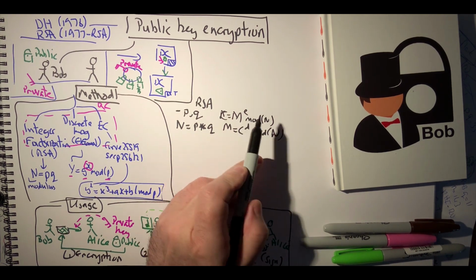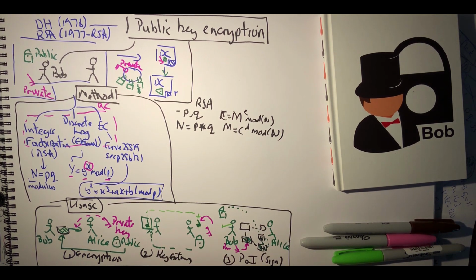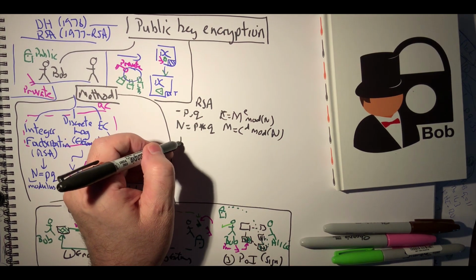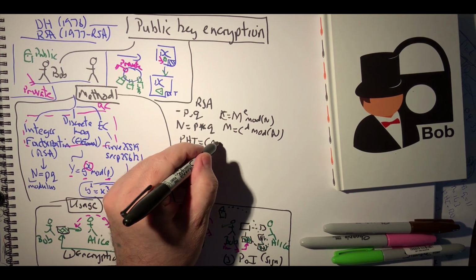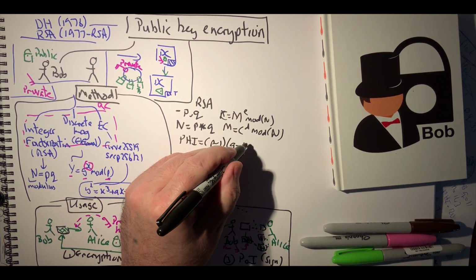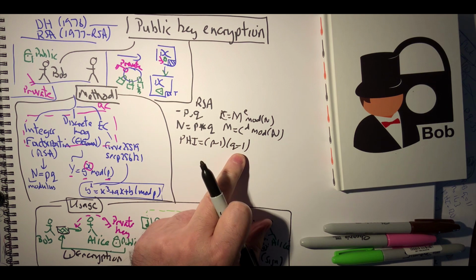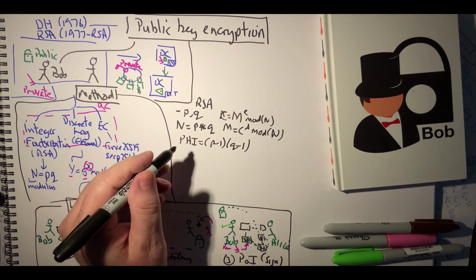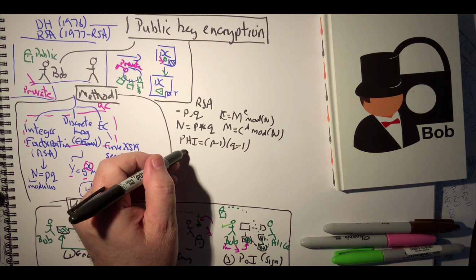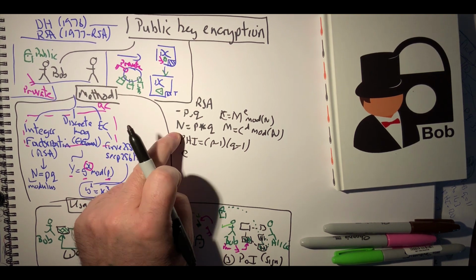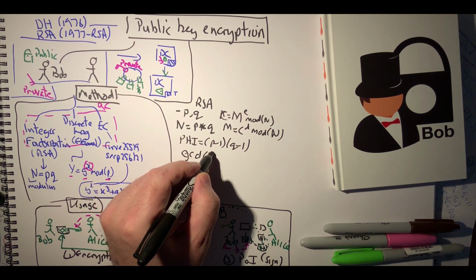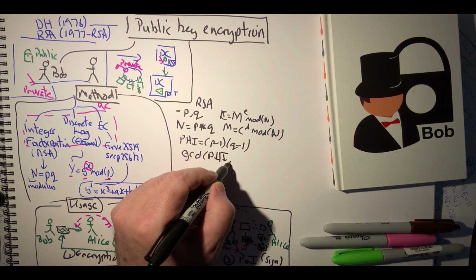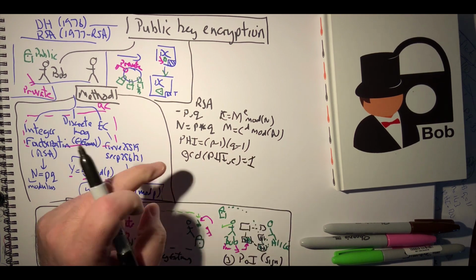So we need to find E and D. The first thing that we do is work out a value called phi, and phi is P minus 1 times Q minus 1, and it gives us a result. Then we select a value of E which does not share any factors with phi. We would often write that GCD of phi and E is equal to 1.